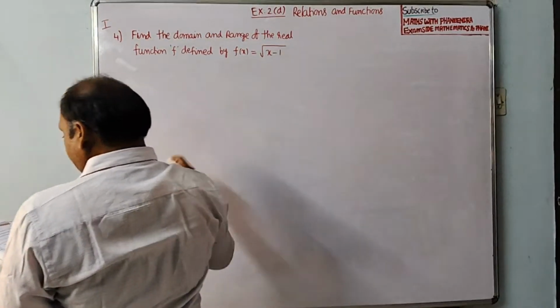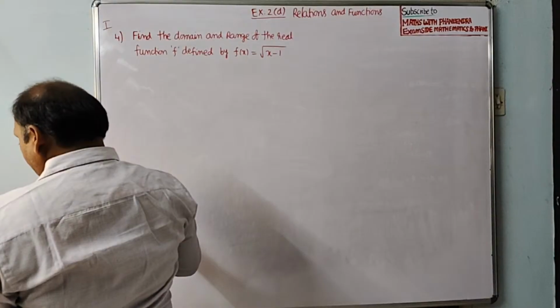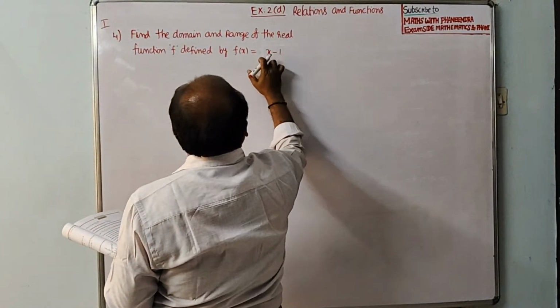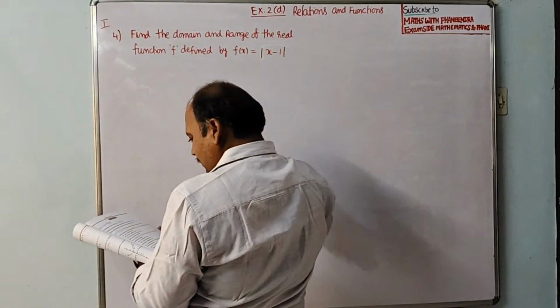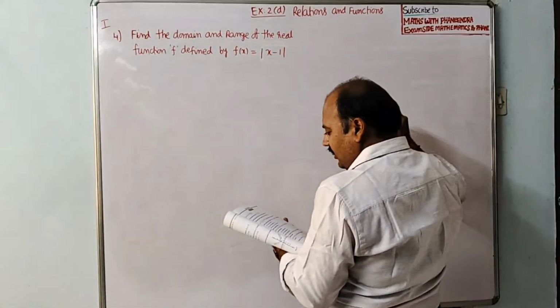This is the question. Similarly, not root over x minus 1, that is already completed. Next, mod x minus 1.